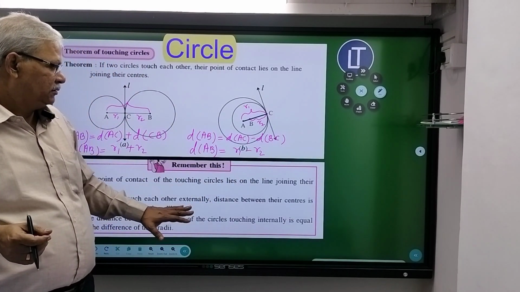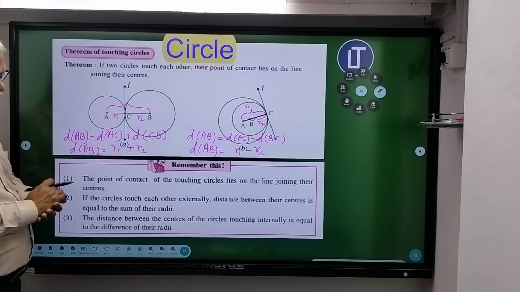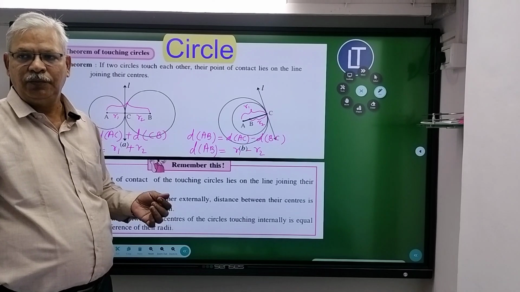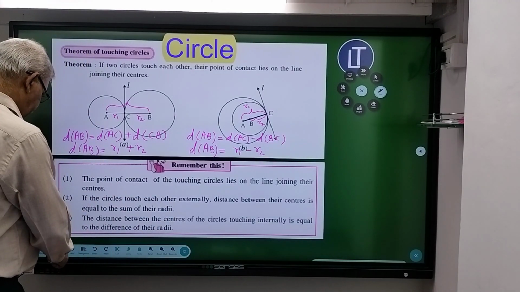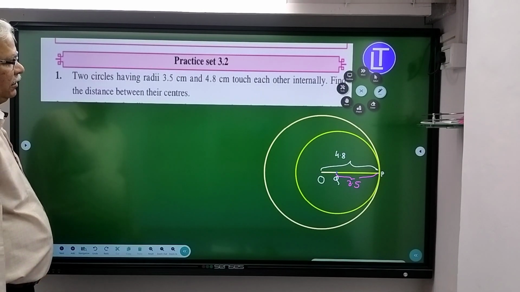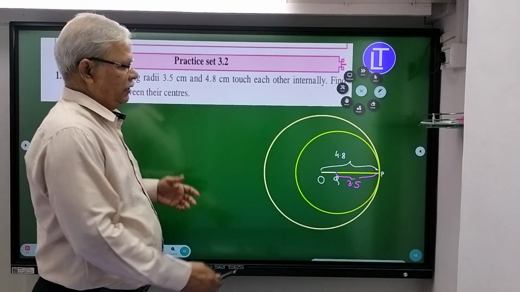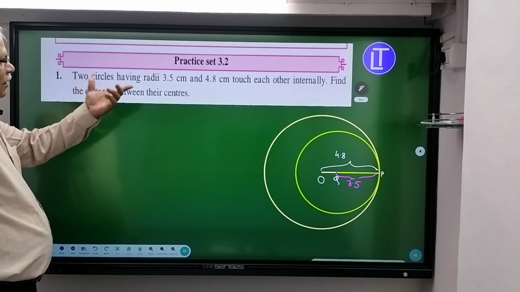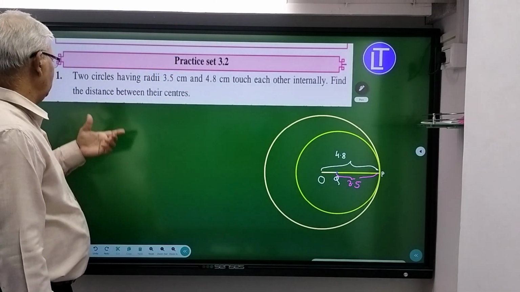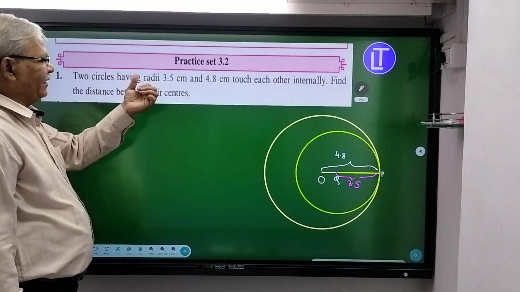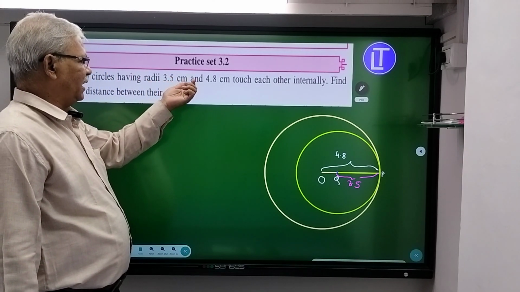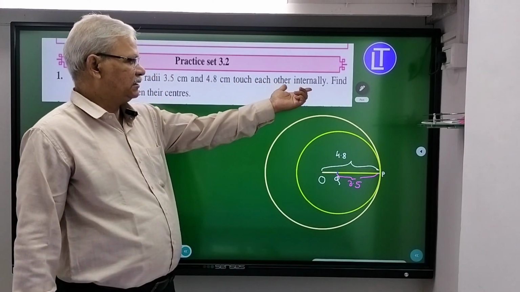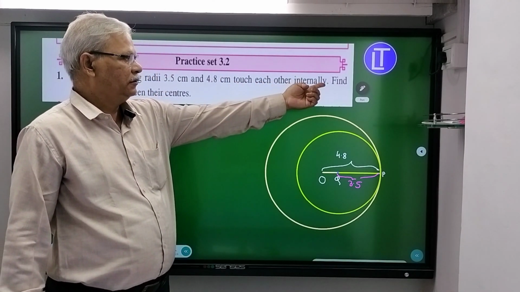Using these properties, we are going to solve practice set 3.2. We have already drawn the figure here. See practice set 3.2. Two circles having radii 3.5 centimeter and 4.8 centimeter touch each other internally.